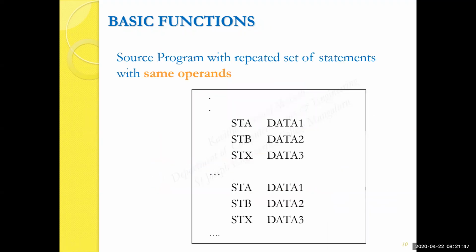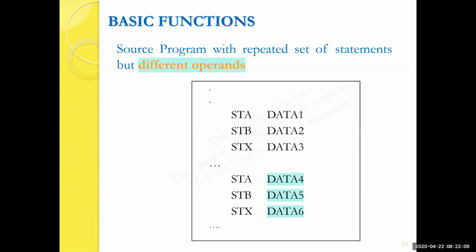Now, in this example, we have seen that each set of instructions has the same operands, data 1, data 2, data 3. In the first set, the instruction STA has the operand data 1. In the second set, also, the instruction STA has the operand data 1. So what if we want to generate a sequence of instructions wherein the operands vary?